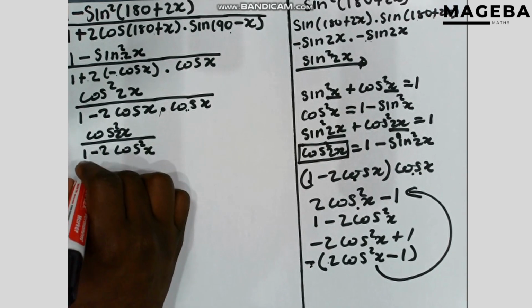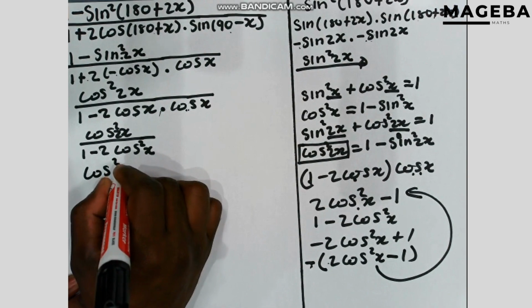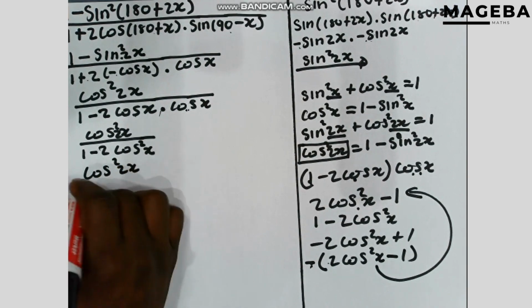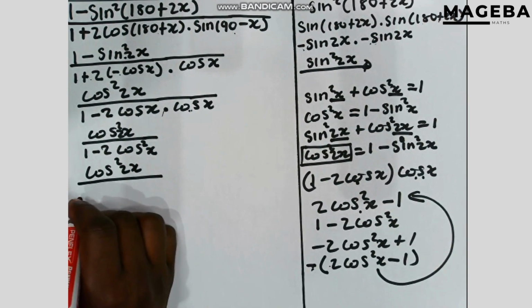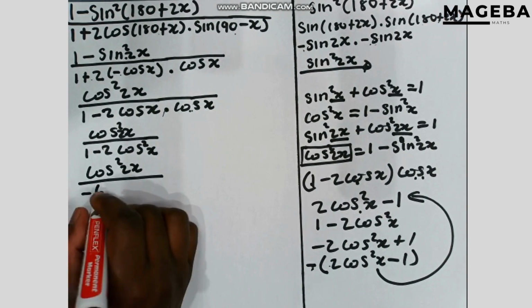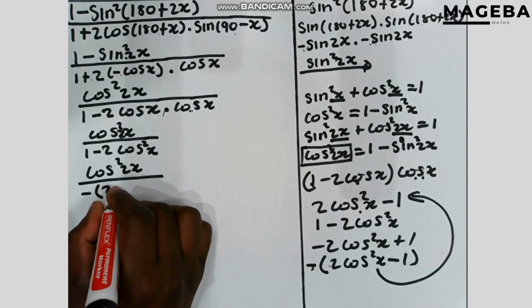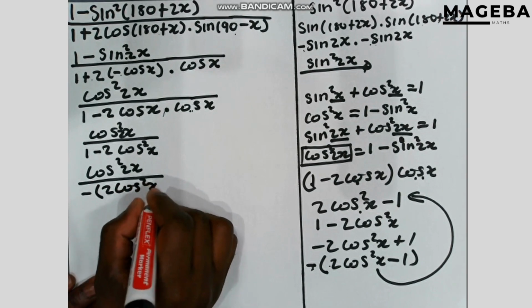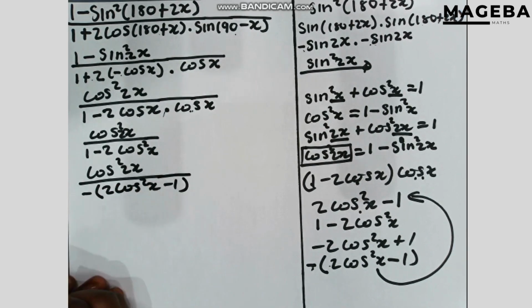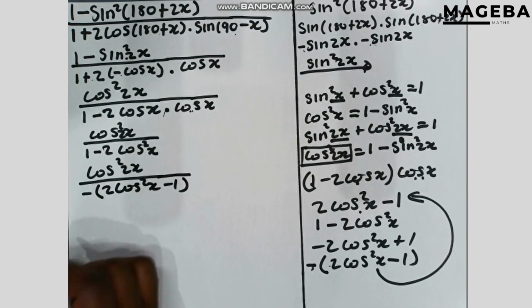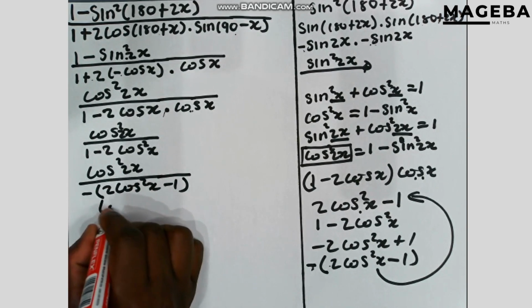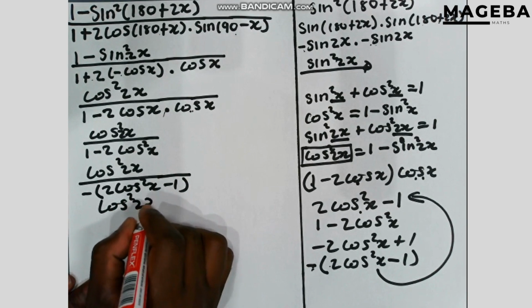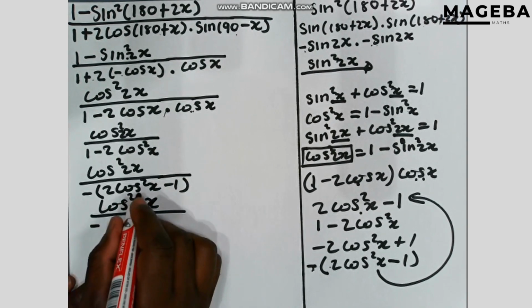And cos squared 2x all over. Just going to repeat these steps here, let's take a common factor, and we're left with 2 cos squared x minus 1. Taking a common factor from this one, and this is a double angle, so coming back with this one, cos squared 2x all over negative the double angle of what?